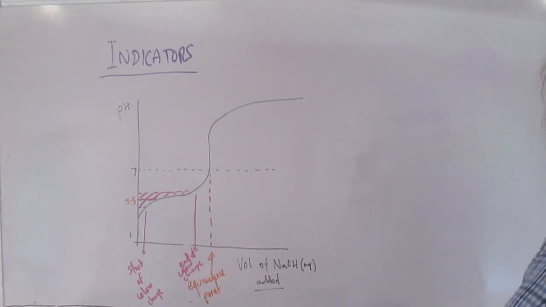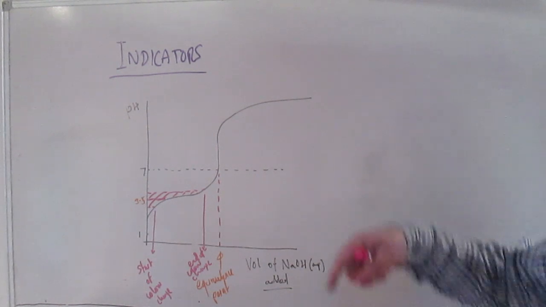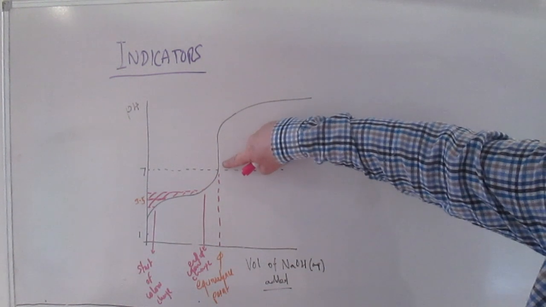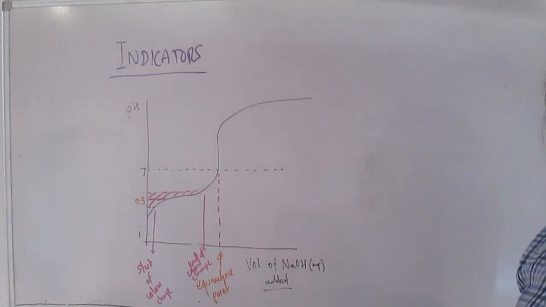So that means you have to be really careful when you're choosing indicators if you don't have a strong acid and a strong base. And if your situation, as in this case, is that you have a weak acid, you can see that ideally what you want is an indicator which changes colour in that sort of range there where it's vertical.